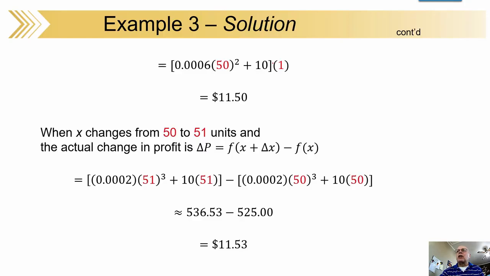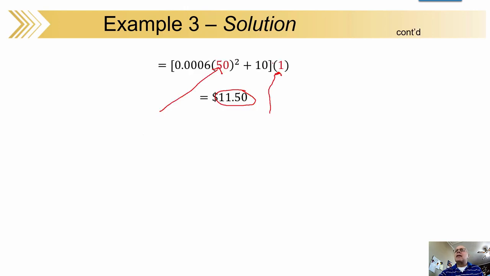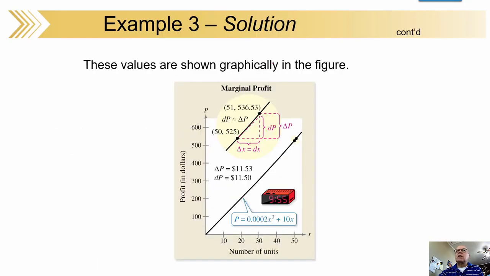That's your delta P. Looking back here a second. Oops. That is your dP, what you get from the calculus. This is what you get from the arithmetic. Close enough in most cases that you're not going to be concerned about the difference between the two.